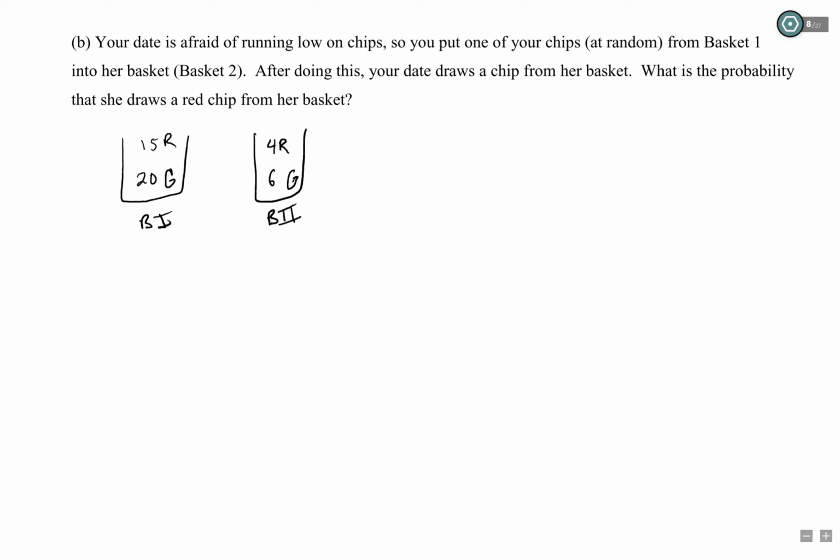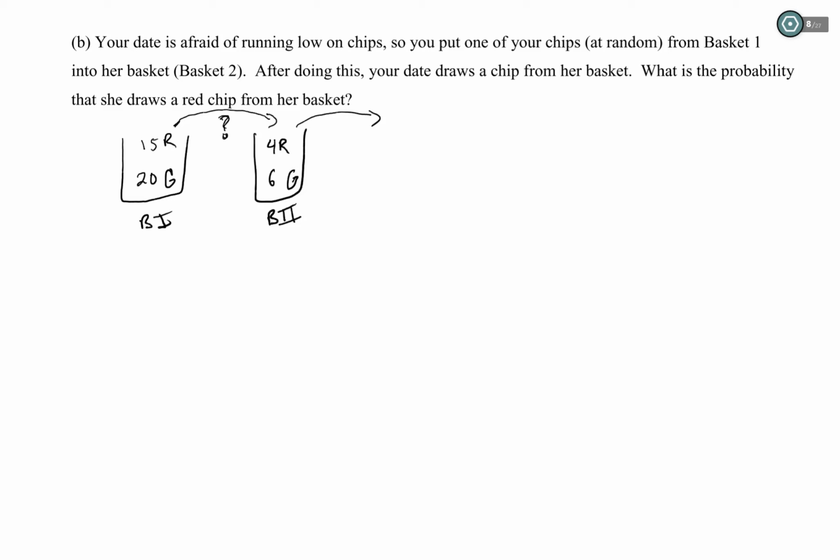Okay. Now, the thing that's going on here is we're taking a chip and drawing it at random and putting it into basket 2. And we don't know what we moved from basket 1 to basket 2. Alright? And then we pull a chip out of basket 2, and we want to know what is the chance that chip is red.